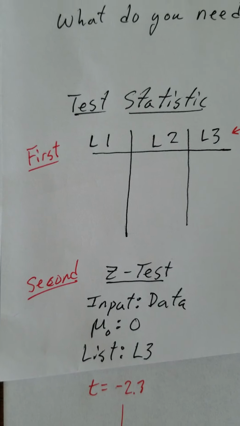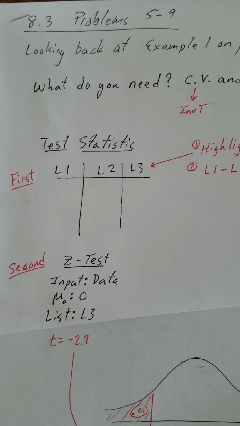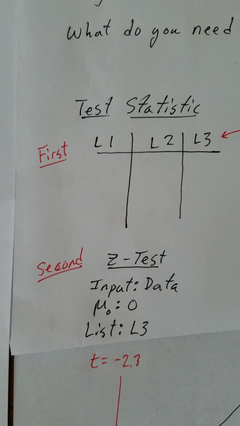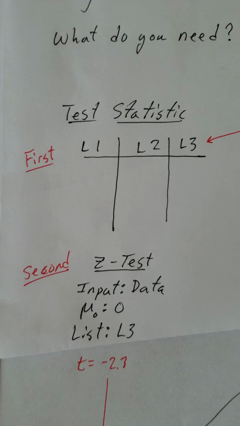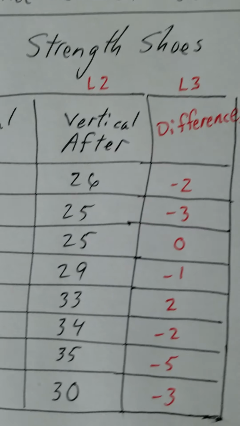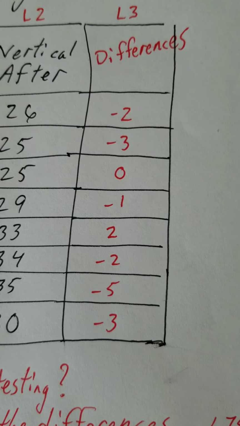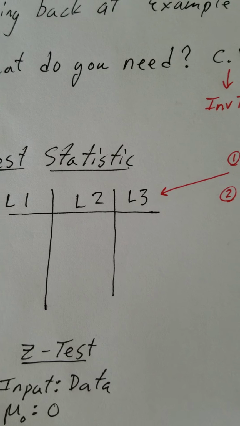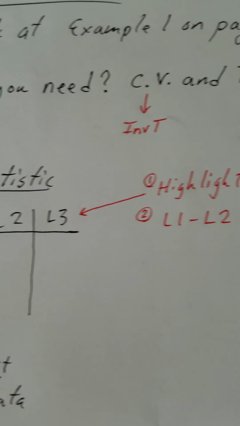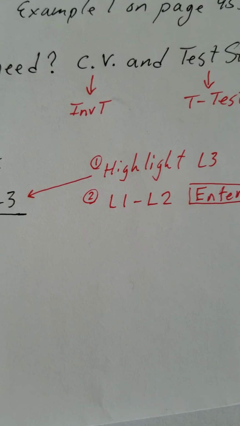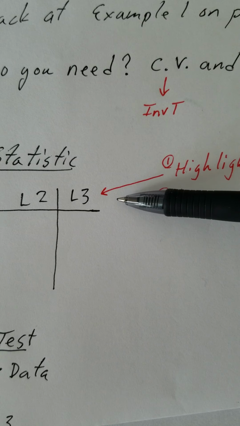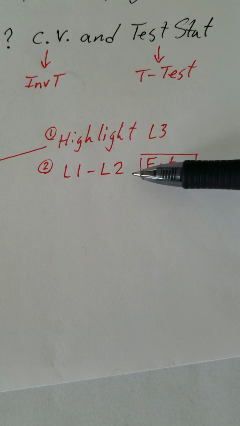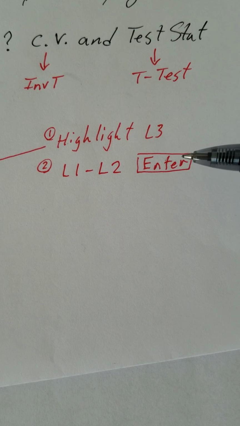Here's what you do. To get the test stat, you first go to stat edit, put in list 1, list 2. Then you highlight list 3. Put your cursor over list 3 right here, and then just type in list 1 minus list 2, enter.